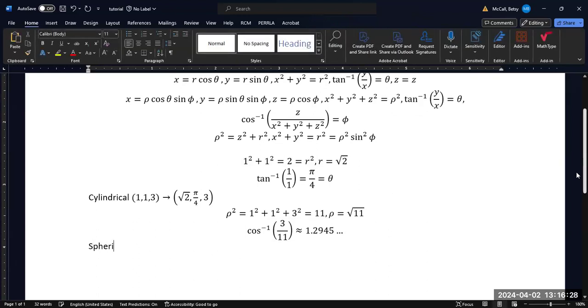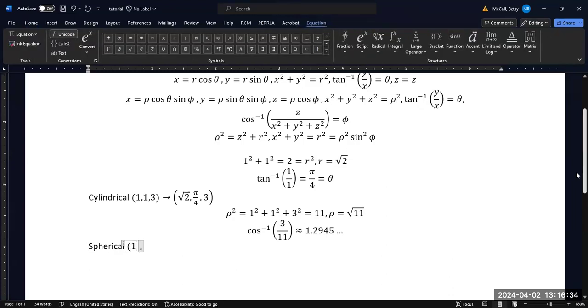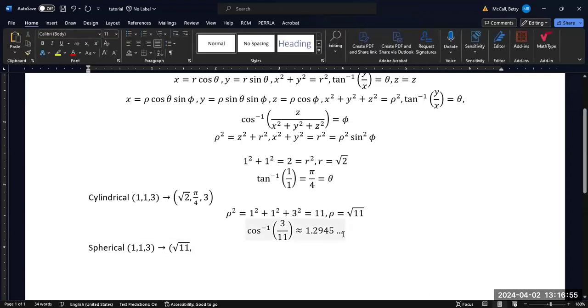And so in spherical, (1, 1, 3) becomes, rho was the square root of 11. And of course, it's worth also thinking about what quadrant our phi angle is in.